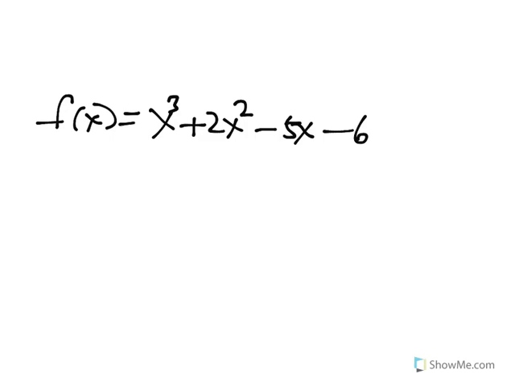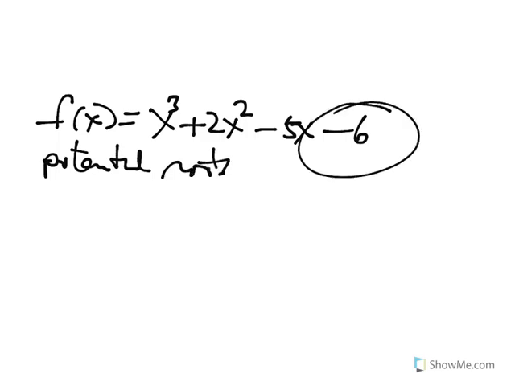Okay, here is a cubic equation, and it's not easy to factor this, so I'm going to show you a trick here. The potential roots are factors of the constant term, if there's no coefficient besides 1 out here.